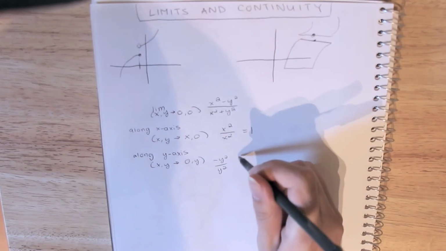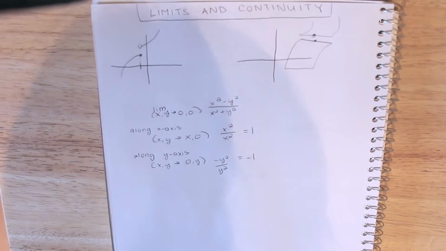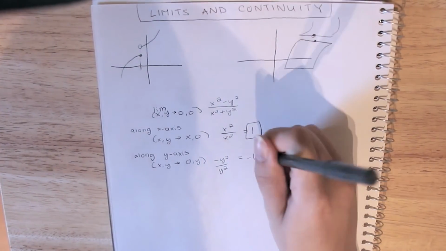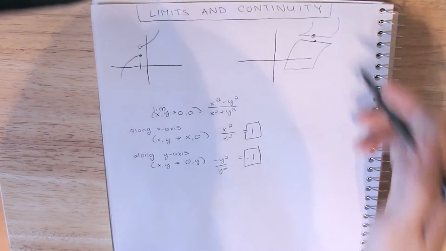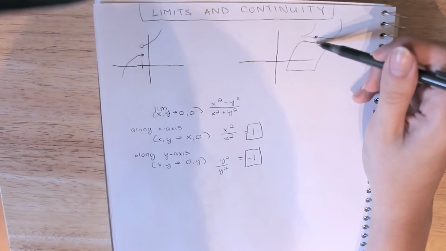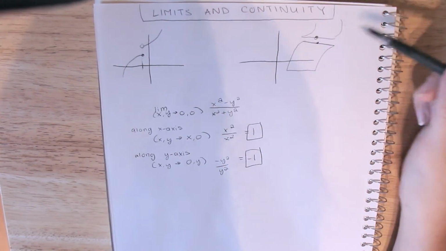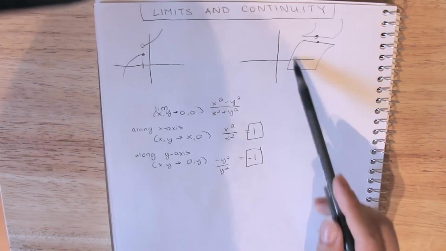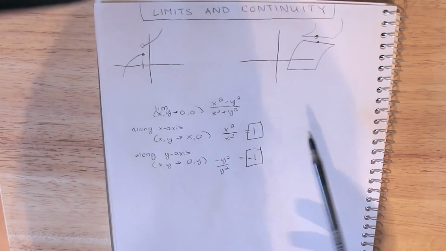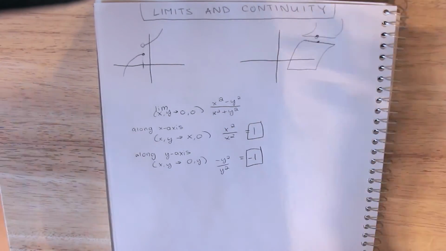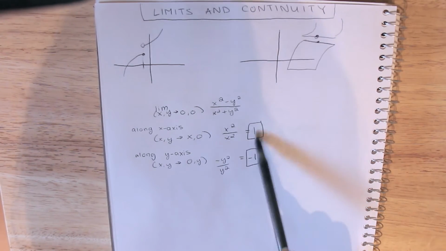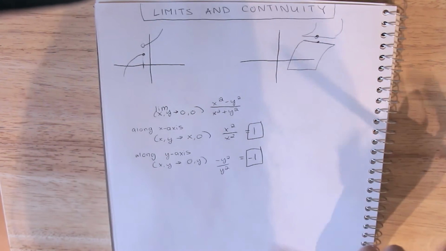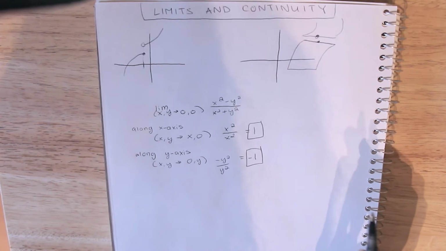And that's the same as saying negative 1. So over here, look, we have two different values. Using two different ways, we're getting different values. So the limit clearly doesn't exist in this case.